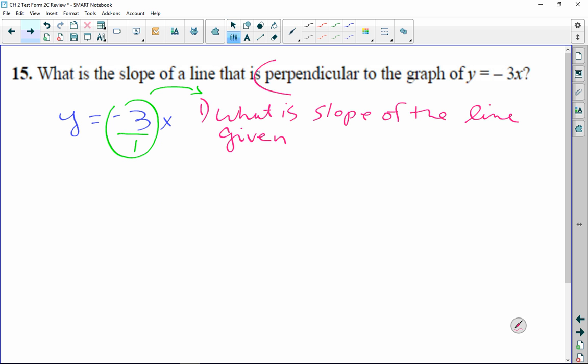Okay, so if it's perpendicular, what's the slope of the other line going to be? Well, all I do is take this and do what? Flip it, good.